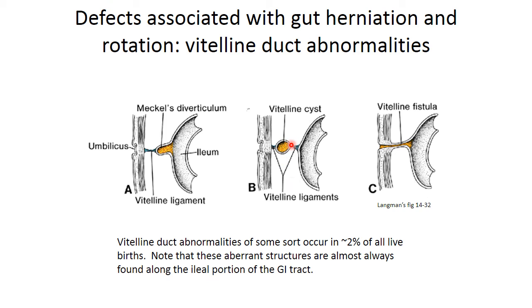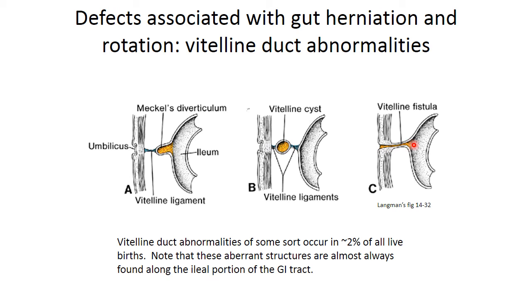And also here, the central portion of the vitelline duct retains as a cyst, and its proximal and distal portions become fibrosed, but the middle portion retains as a cyst. That is a vitelline cyst.